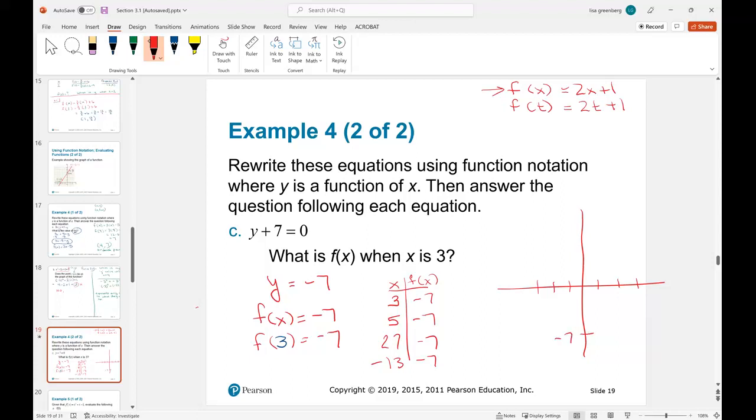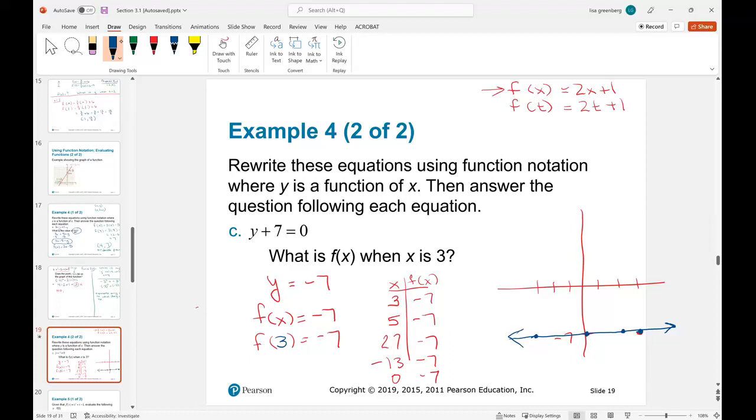So when x equals 3, -7. I should have put different numbers. When x equals 0, it's also -7. So -7, -7. And no matter what value of x I put in, I get -7. And I can connect these dots and notice what I get is a horizontal line, which is a line.